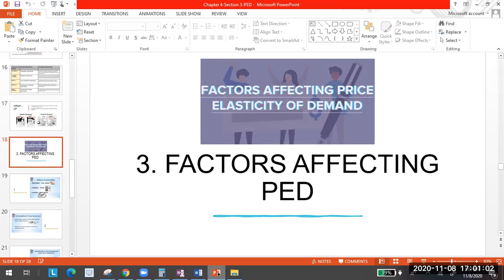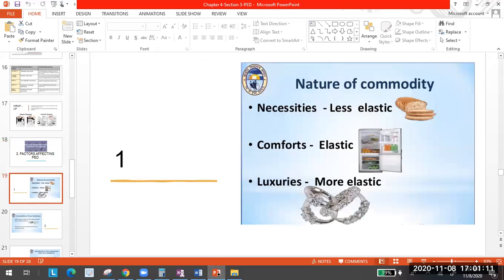What were the factors which could affect my decision whether I should purchase the product or not? Okay, so let's start. Can you see this, nature of commodity? So what will happen if the price of necessity goods increases?